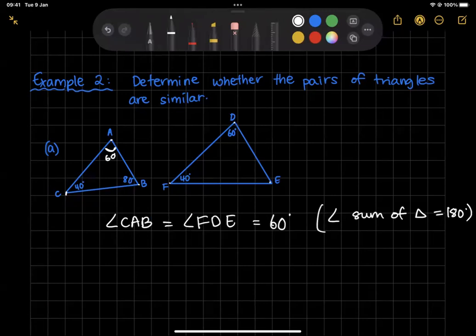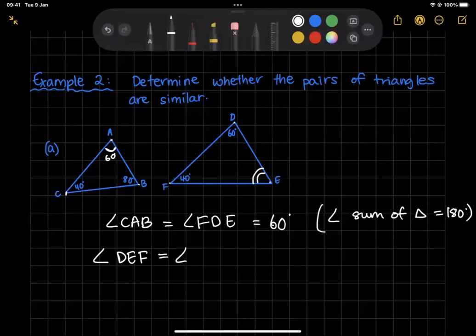Now, let's do the exact same thing to prove angle E. If I say angle DEF, if I use the angle sum of a triangle, let's predict that angle DEF or angle E is equal to 80 degrees.